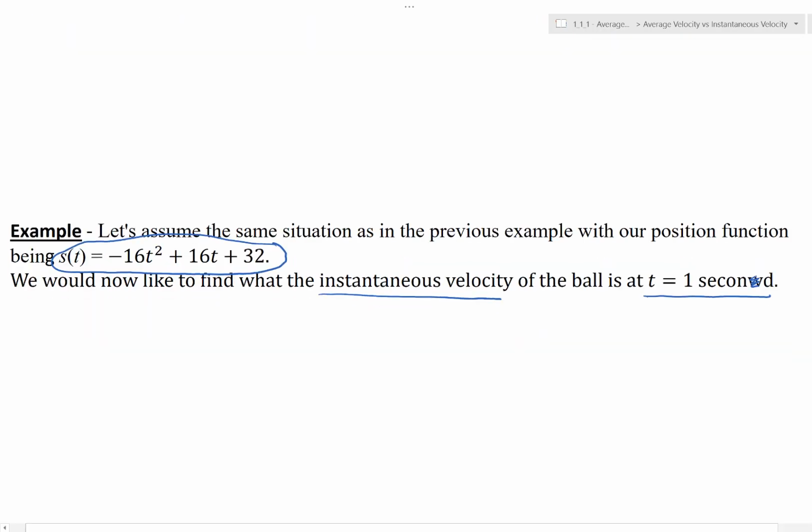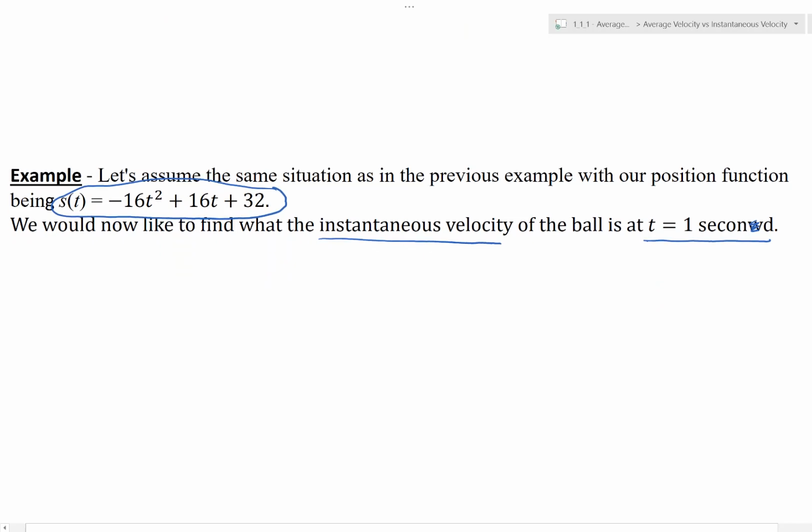To do this, we're going to set up a situation. Let Q be any point on s, so let's just say it's a comma s of a, just for instance.